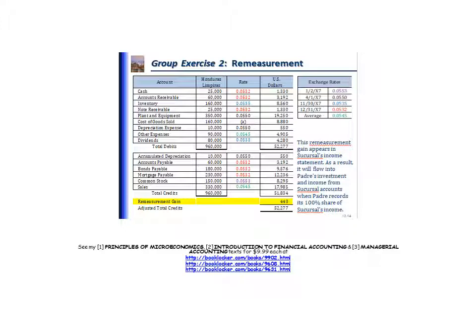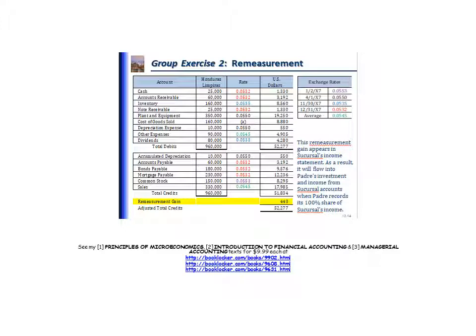Let me recap. I'm trying to do these PowerPoints quickly. So what is different between the translation method and the remeasurement method? Greater precision with respect to event dates for inventory, a balance sheet account, and cost of goods sold, the related income statement account.